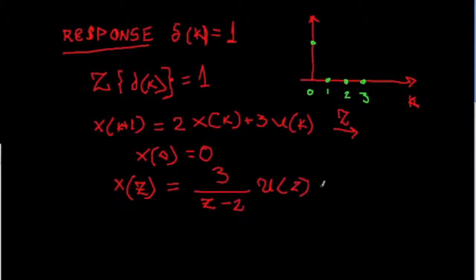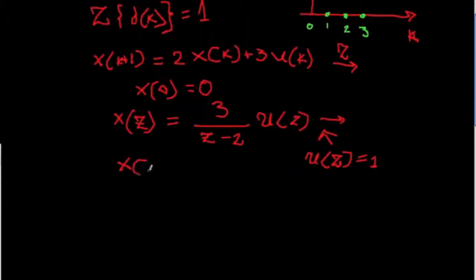Since in this case u of z is just 1, this is the Dirac function, we have that x of z becomes the following expression: 3 divided by z minus 2. Now, how do we obtain the response and find the difference equation from this expression?